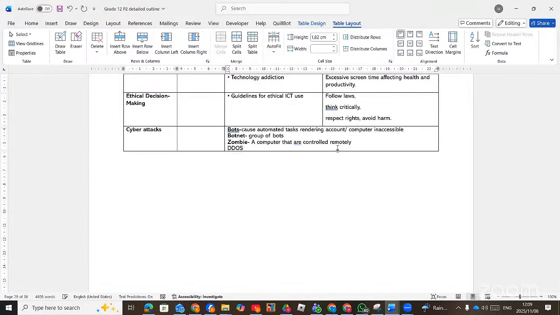DDoS, or we have the DoS attack, which is distributed denial of service, or it could be denial of service. So DoS is denial of service, and DDoS is distributed denial of service.